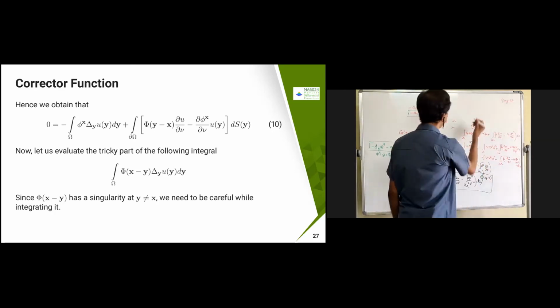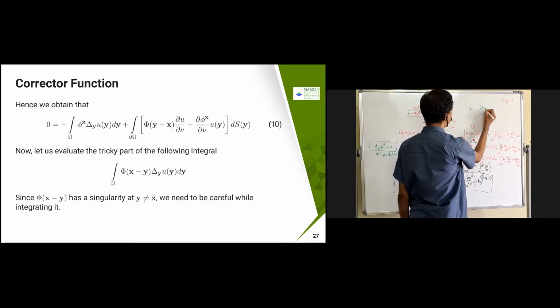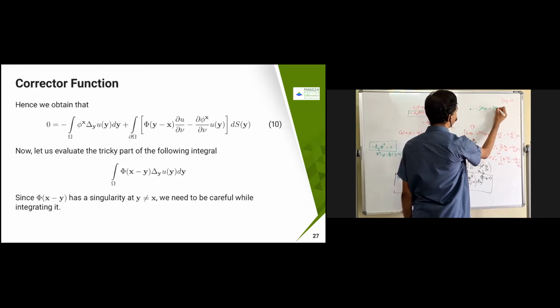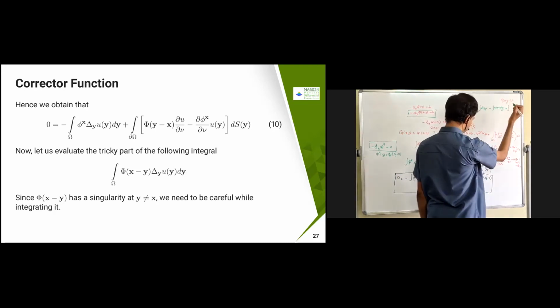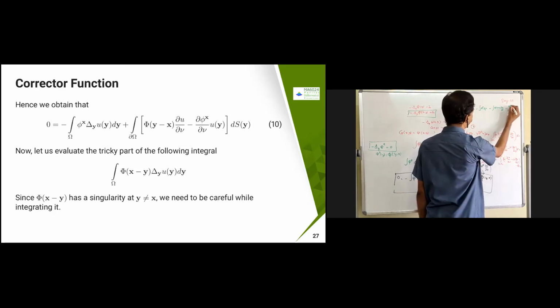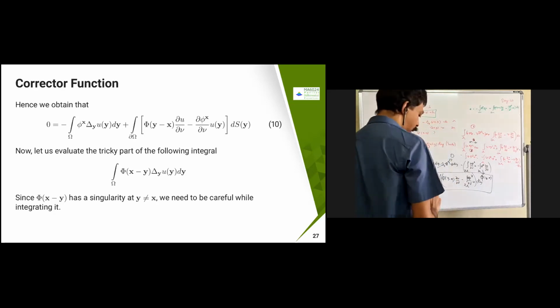What we have is 0 equal to minus pi x del u, plus integral pi of y minus x dou u by dou nu, minus integral over dou omega of dou pi x by dou nu into u ds. This is over dou omega. Remember this one.